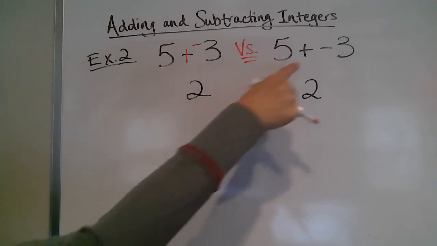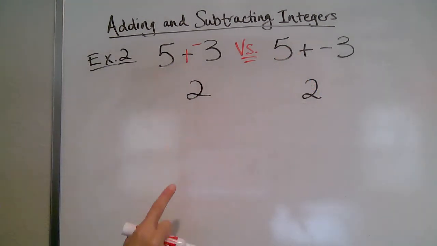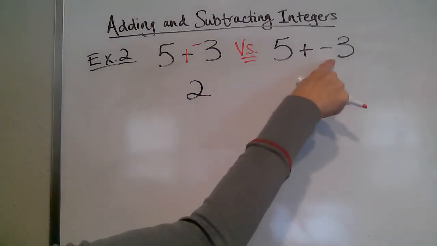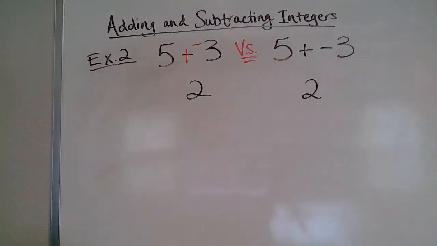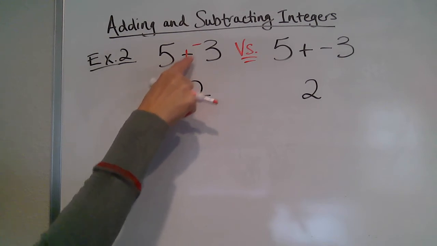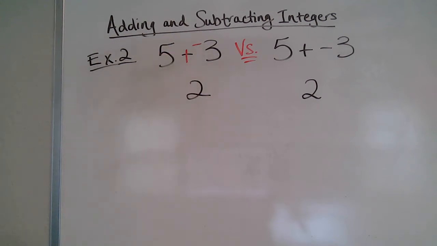And you can see these are the same problem now. So 5 minus 3, which is our original problem, ended up with 2. 5 plus negative 3 ended up with 2. I can change any subtraction problem into an addition problem by adding the opposite. So they are the same problem with the same result, just said a little differently.